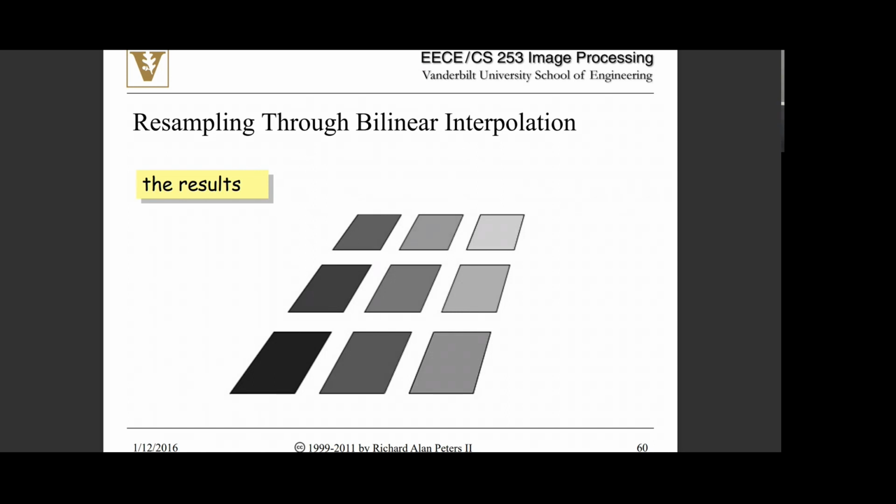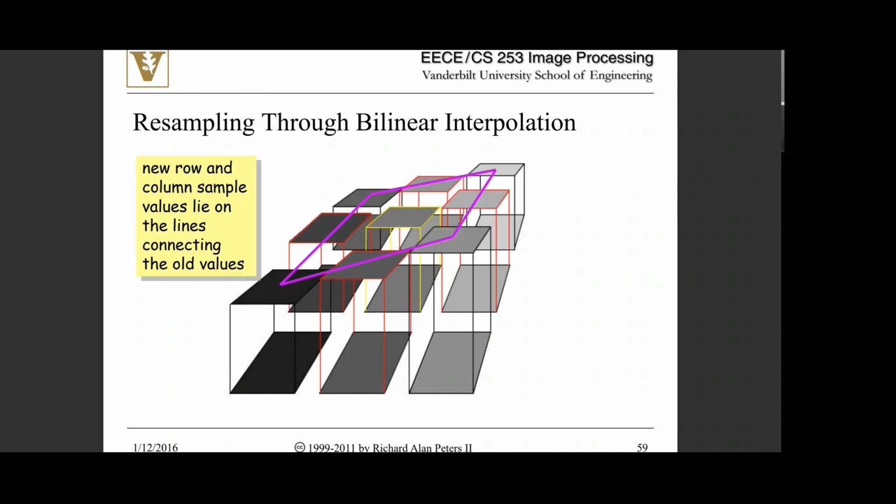If you look at the line, let's say this is 10, this is 20, this is 15, it is a straight line. So it is the same linear interpolation that we were doing before.